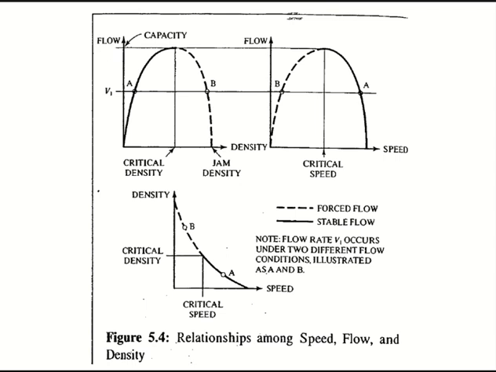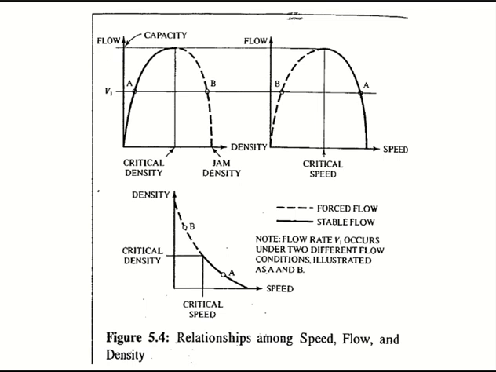They are just stuck. So we will not call it the capacity of the road because there are 2,000 vehicles on the road, but nobody is moving. Capacity is how many are moving. That is the flow. Capacity is how many can move, which is that number at the top.